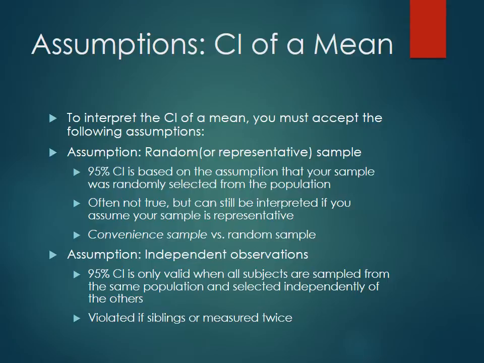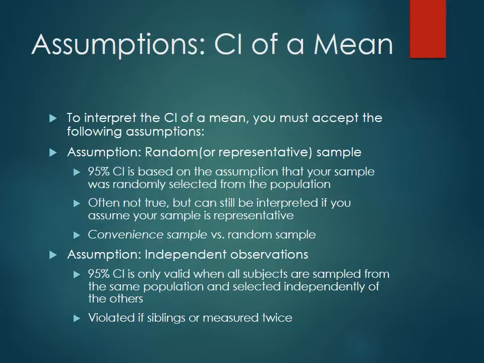A lot of times that's going to be talked about in the methods of the paper, where they'll say, these were our inclusion criteria, here are the people that we excluded, and you'll get an idea for whether the patients they're looking at are representative of the population you're interested in. The assumption is it's going to be random sampling, or at least representative of that. You'll often find that may not necessarily be true, but as long as it's representative and looks close enough, generally it can give you some idea.